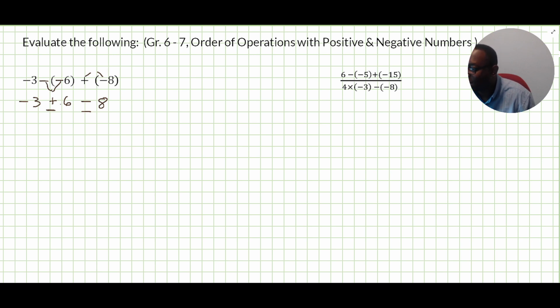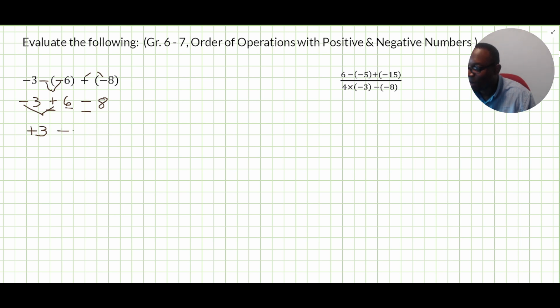There's a rule that I use for every student, and I use it for myself as well, that when you have different signs to the left of the number, you're going to ignore the sign first. So you're going to subtract the numbers. So 6 minus 3, that's going to give us 3. Then you go back to the numbers and ask yourself, what is the sign on the larger number? Here you can see that 6 is the larger number, and there's a plus sign. So it's going to be a +3.